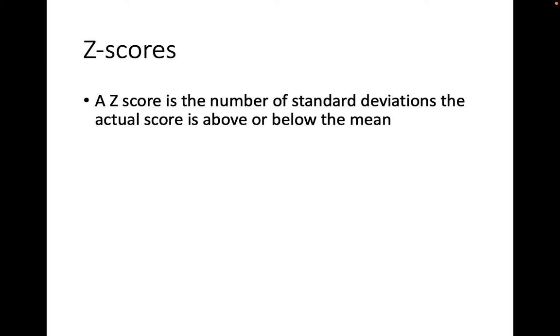Specifically, we're going to use the mean and the standard deviation to create something called a z-score. A z-score describes a score in terms of how much it is either above or below the mean. More specifically, a z-score is the number of standard deviations that the actual score is either above or below the mean.